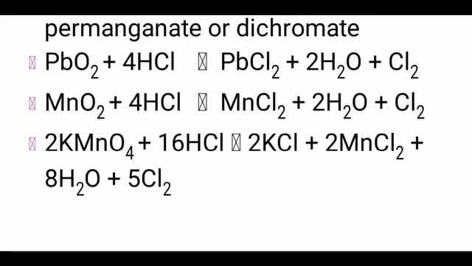Then potassium permanganate. When hydrochloric acid is treated with potassium permanganate, we get chlorine. The chemical reaction is 2KMnO4 plus 16HCl, it gives us 2KCl plus 2MnCl2 plus 8H2O plus 5Cl2.